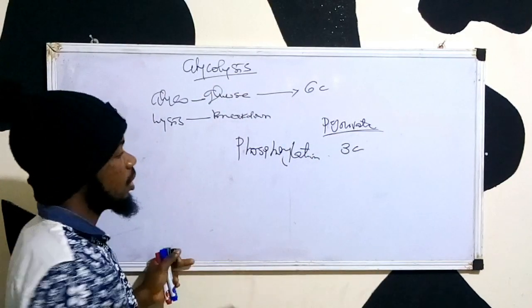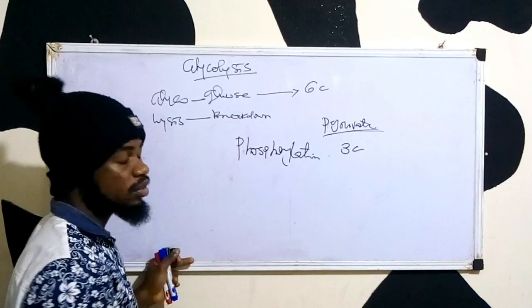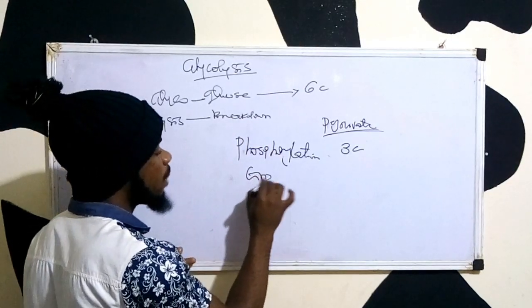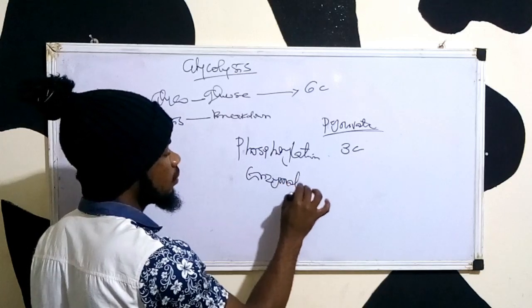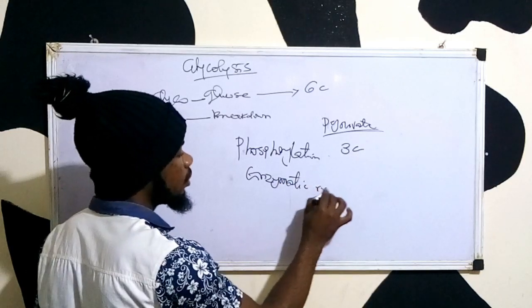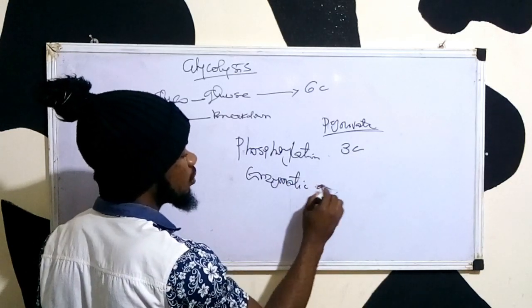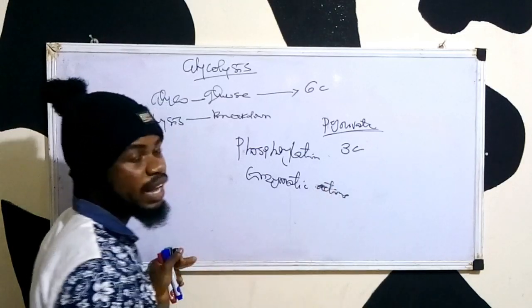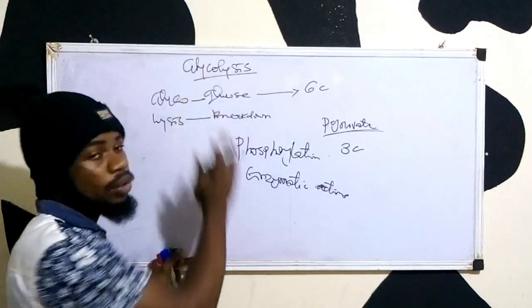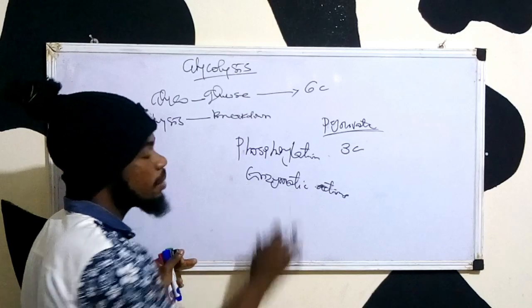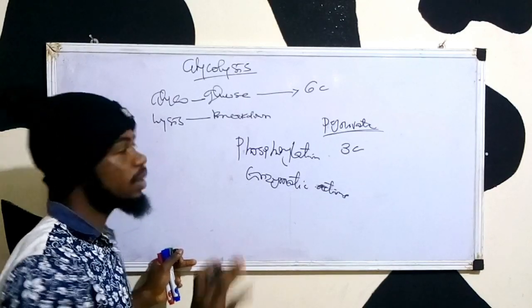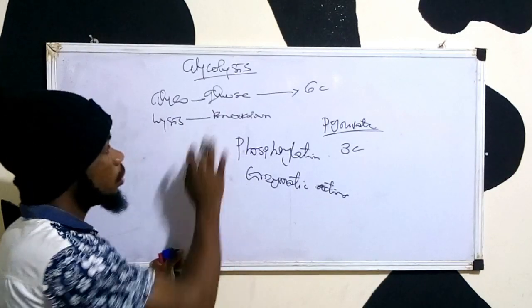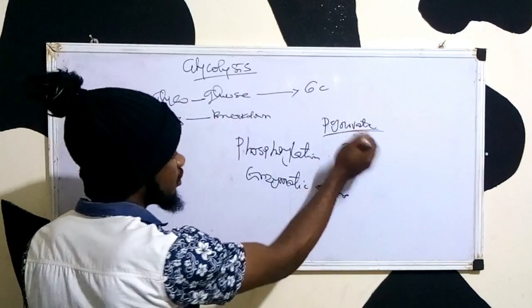Don't forget, for these reactions to be possible, there have to be enzymatic reactions, meaning that glycolysis is made of enzyme-based steps.